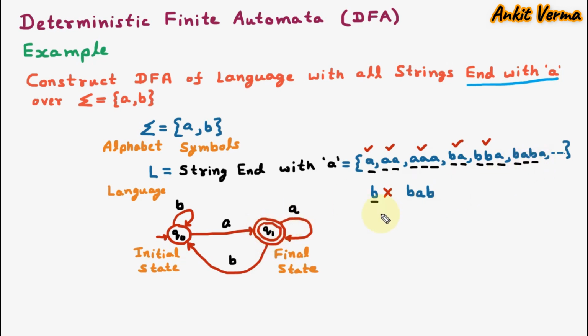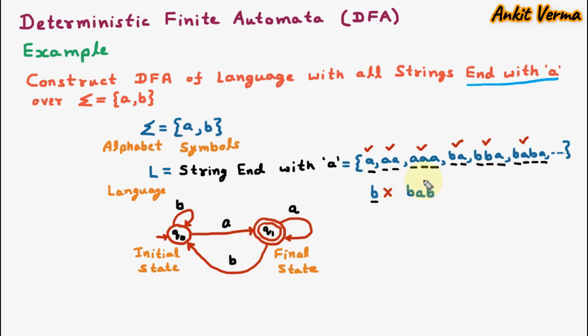Then B comes. From Q1 we go to Q naught. And then A comes. So from Q naught again we go to Q1, which is the final state. So after processing the complete string, we are on the final state. That means this string is accepted by the DFA. So this DFA is solving our purpose.